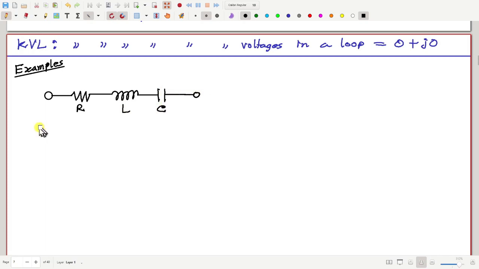Suppose I tell you that the phasor value of the current flowing through them is I bar, and I ask how much is the phasor value of the voltage across it, from here to here. How do we get that?